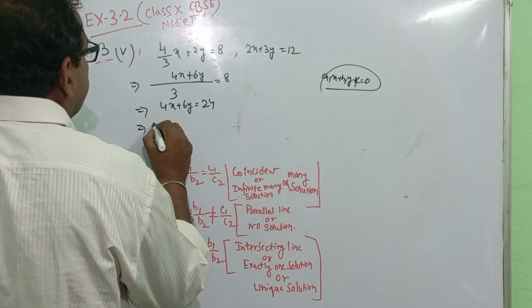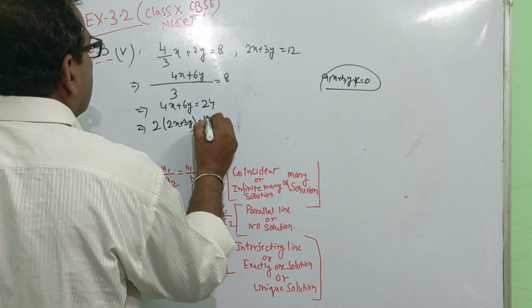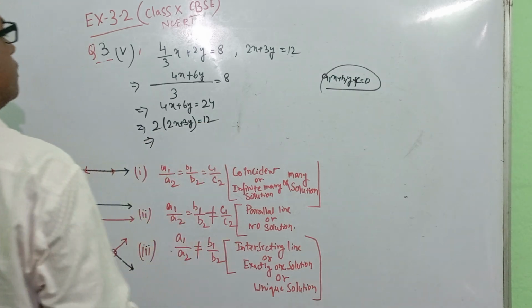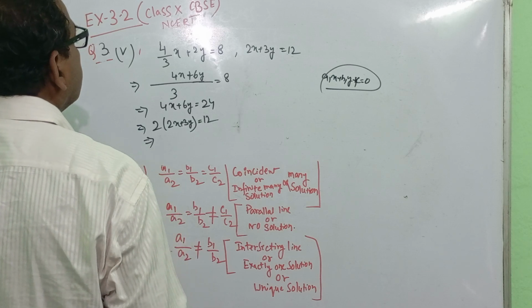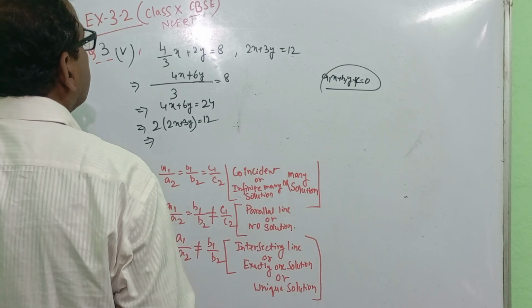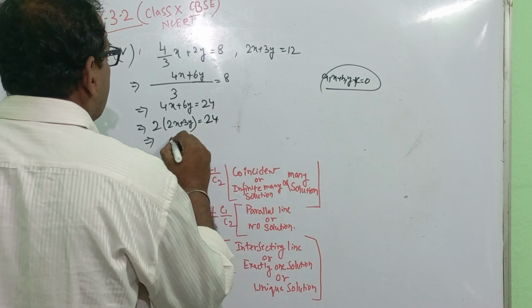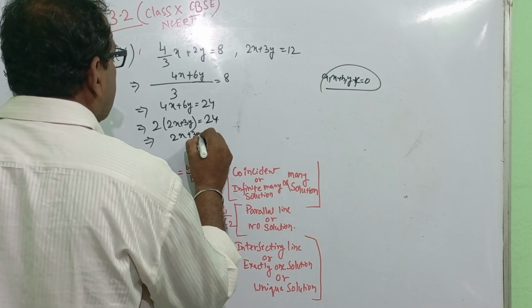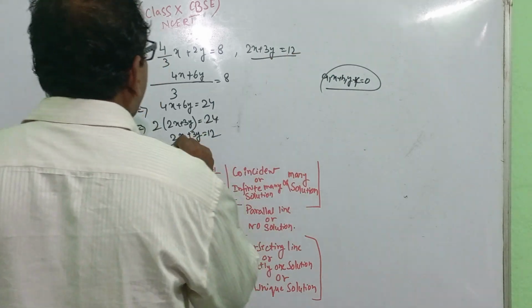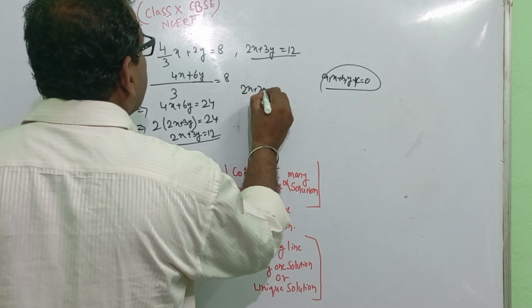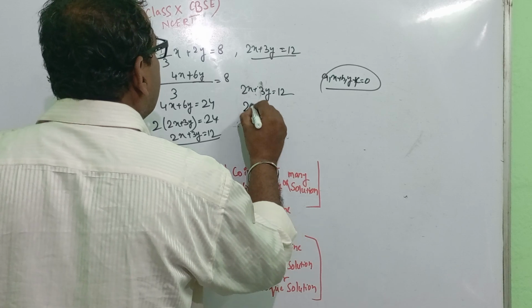Taking 2 common, that is 2x plus 3y is equal to 12. Now these two equations are the same: 2x plus 3y is equal to 12, and this equation is as well.